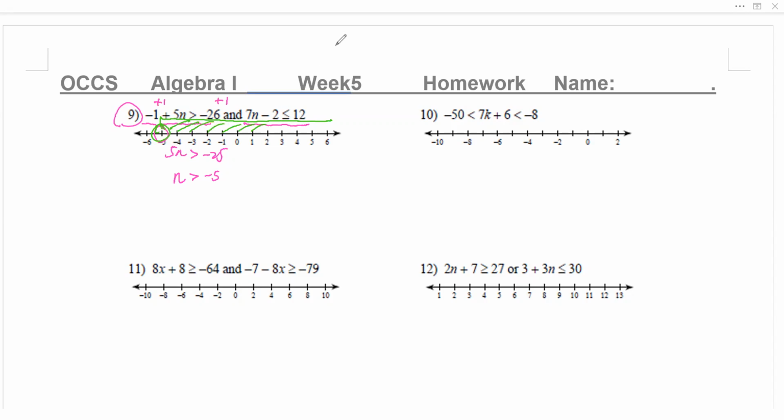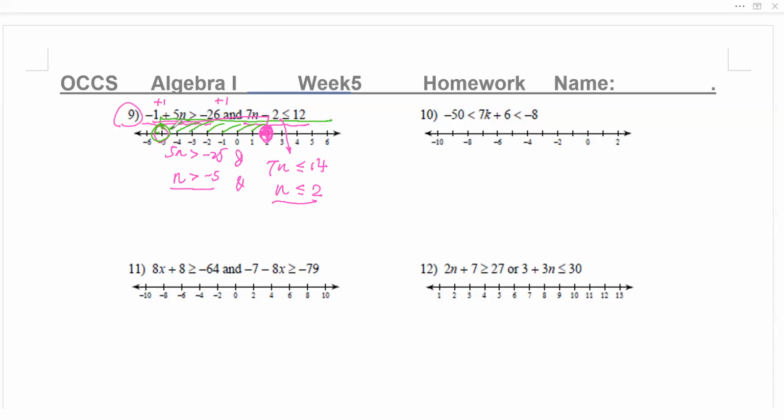So see the second part. 7n less than or equal to 14, both sides plus 2, and n less than or equal to 2. So it must meet both situations. In the second inequality, n less than or equal to 2 is a circle with the fill, and the left part is less than.